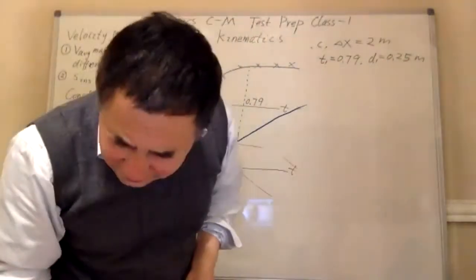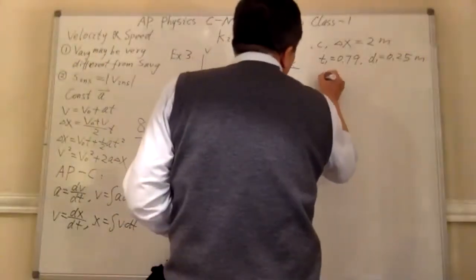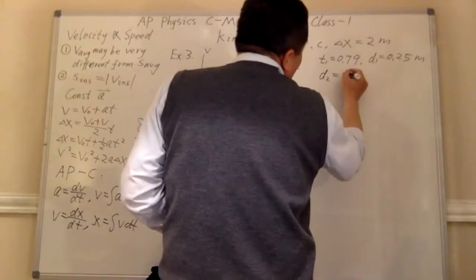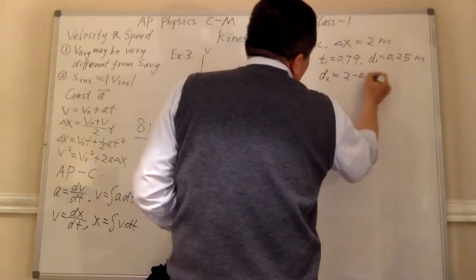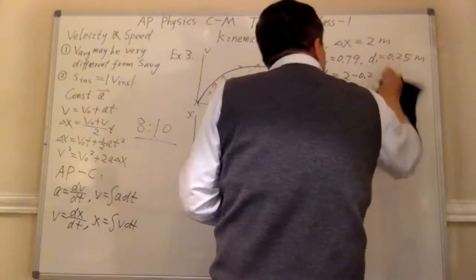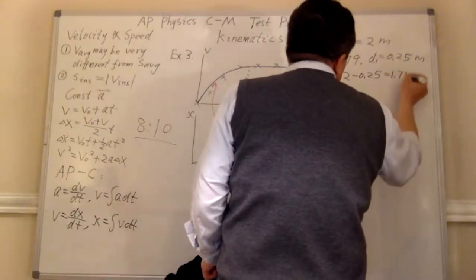Then what is the rest of the distance they have to travel? D2 is 2 minus 0.25, so you still have 1.75 meters to travel.